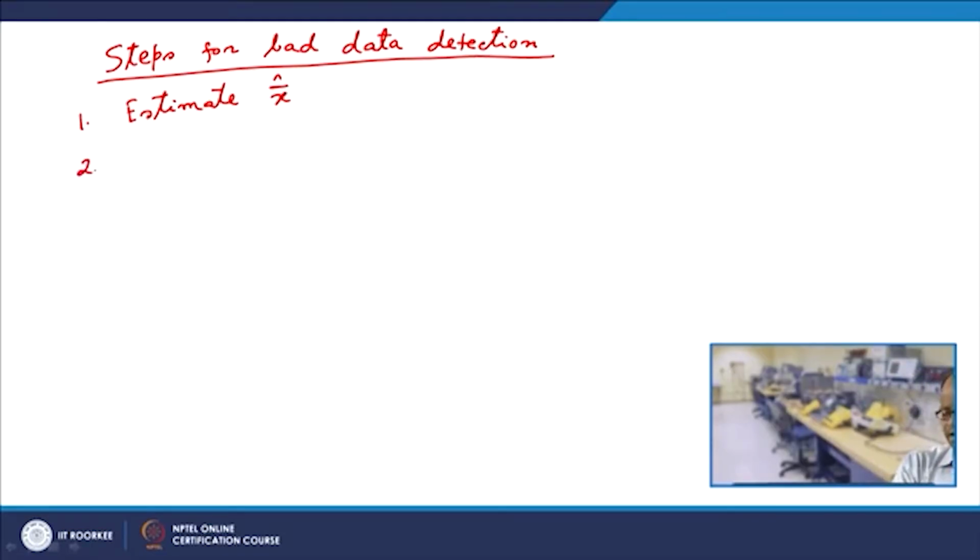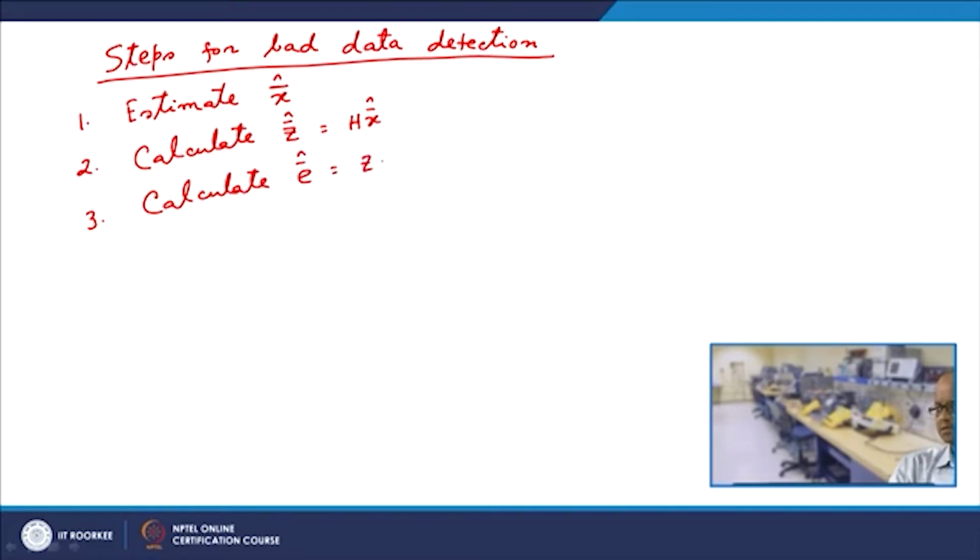From that we can calculate z hat, where z hat is h into x hat. From that we can calculate E hat, where E hat is z minus z hat.